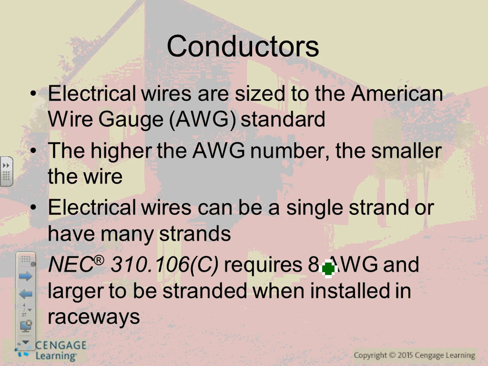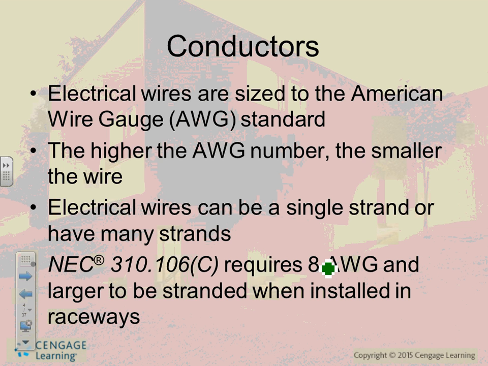I hope you won't graduate from here without knowing how we measure or size conductors in the US: AWG, right? How do we do it in Europe or anywhere else in the world? Millimeters. So if you're working on a project in Mashhad or another part of the world, remember they use millimeter squared.